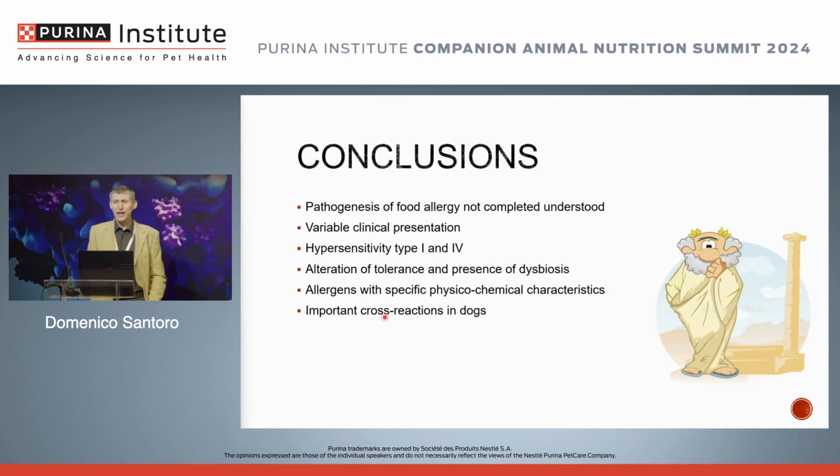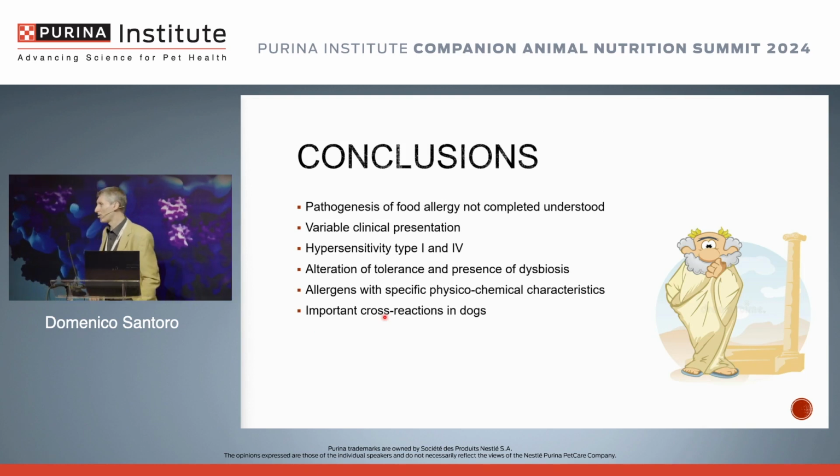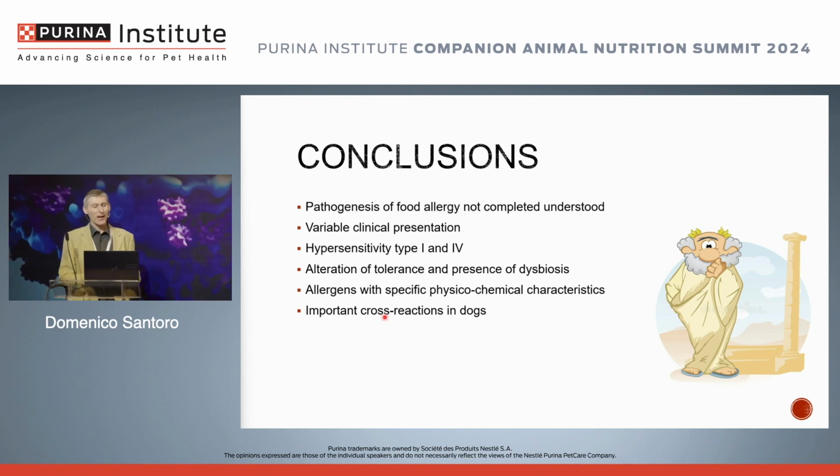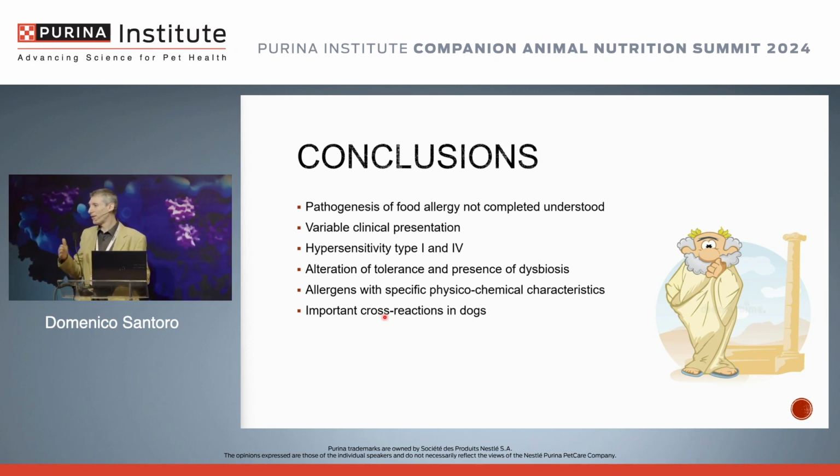So in conclusion, we know a lot about pathogenesis. We know everything about pathogenesis of food allergy, clearly. Joke. We actually know very little about that. There is a variable clinical presentation, depending also on which specialty you are talking to, and the importance of different types of hypersensitivity reaction involved in different patients.